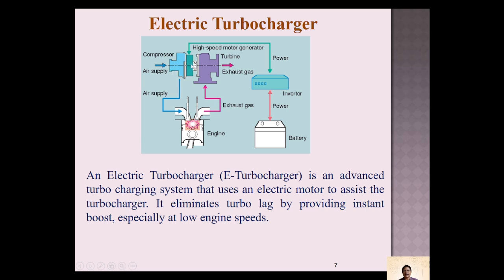It can also act as a generator, and vice versa. Exhaust gas from the engine is fed to the turbine, and the turbine connects to the generator, which is coupled with the compressor. It can act as a motor or generator. Air supply is given to the engine, and this functions cyclically.